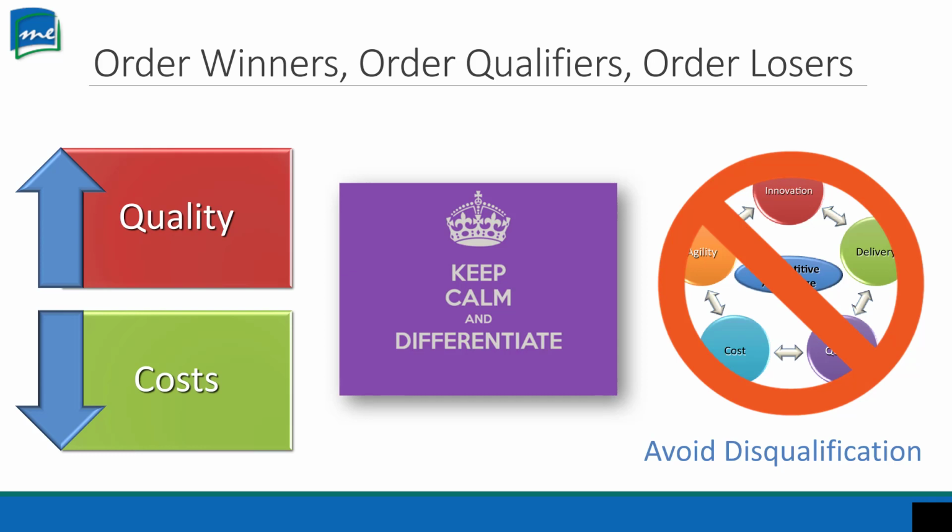Being disqualified means you turned into the order loser. You either did not qualify or you did not become the winner. If you're not the winner, you're a loser in this, right? So you either didn't have the innovation, the delivery, the quality, the cost, or the agility. You didn't have that competitive advantage to get that customer to purchase from you.